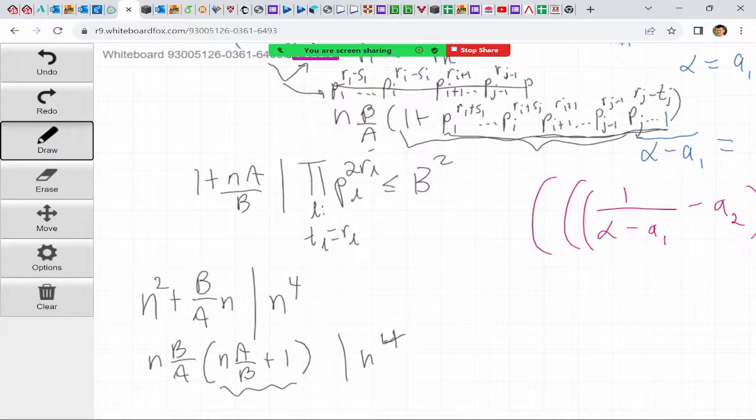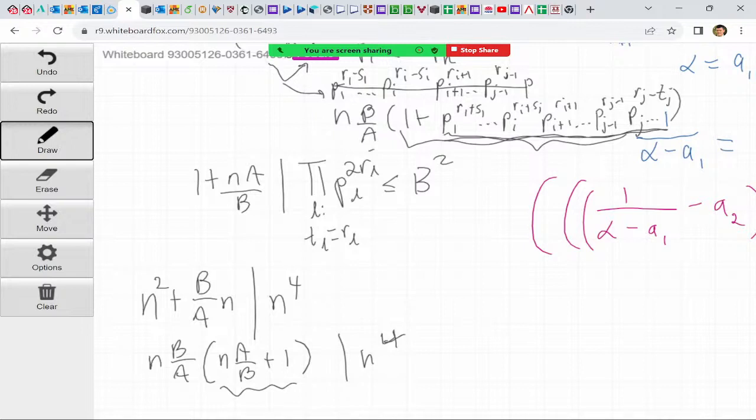It's co-prime to every P in that block because you added 1. So everything except for like Rj plus Tj. Alright. Okay.